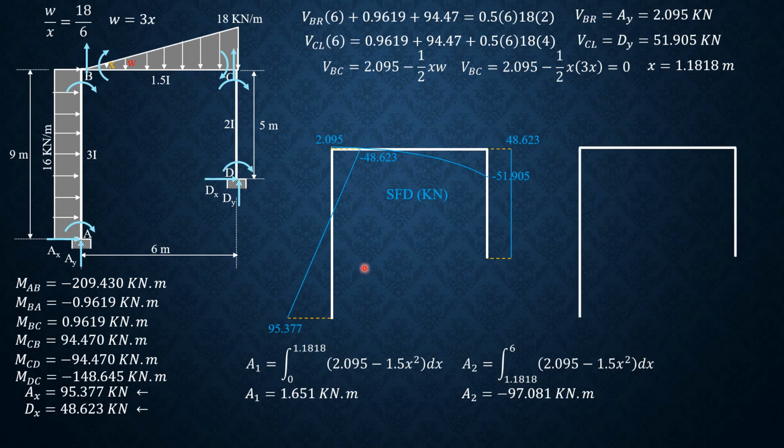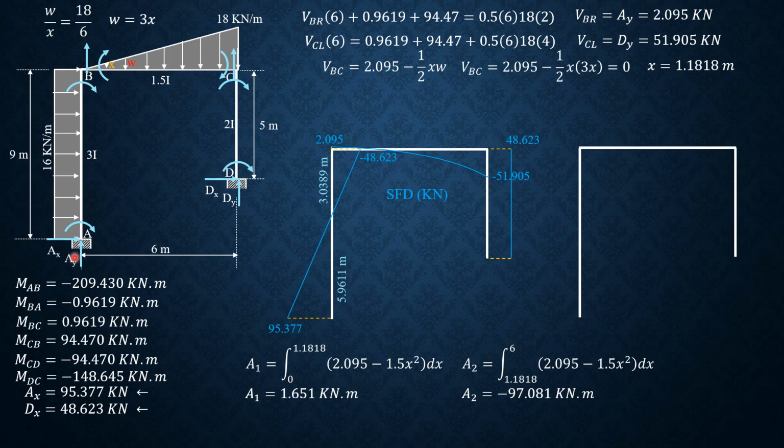As I said, we have here the distance 95.377 over 16, so that's 5.9611 meters. So this distance here is 9 minus 5.9611, and it is equal to 3.0389 meters.